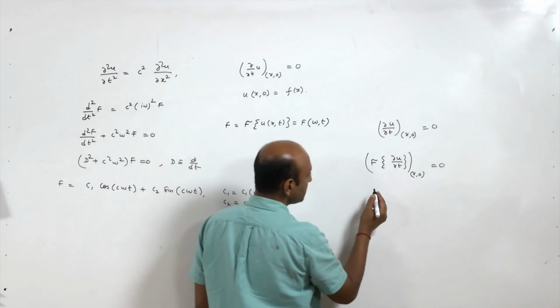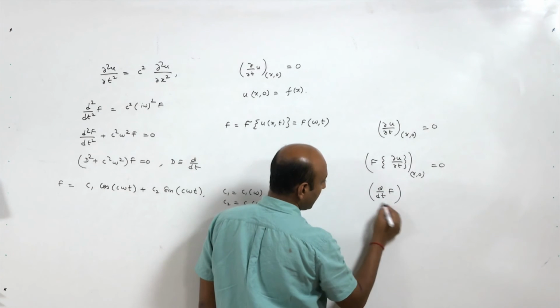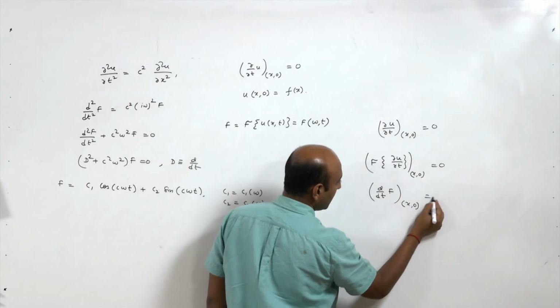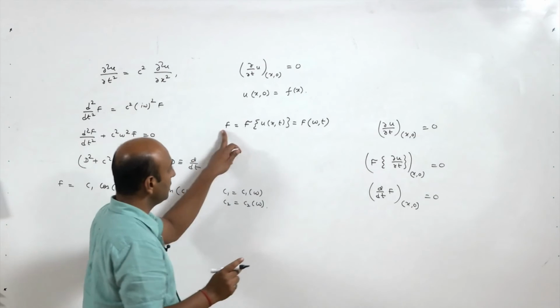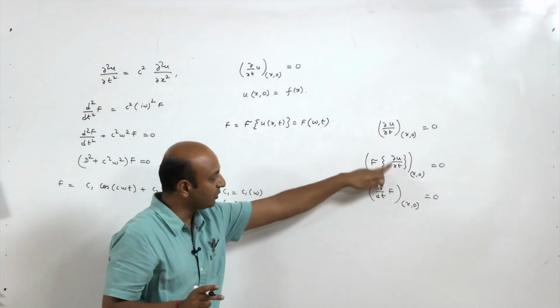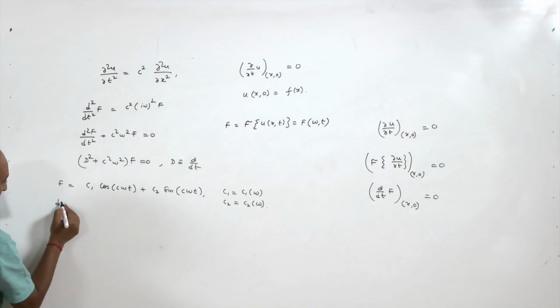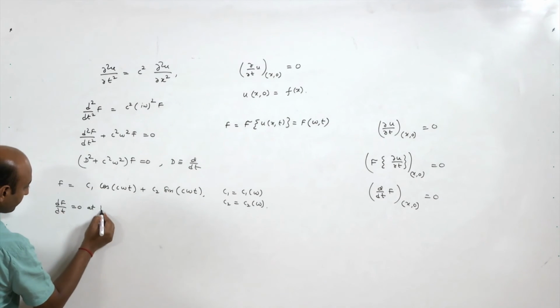That means dF/dt at (x, 0) is 0, and capital F is nothing but the Fourier transform of u(x, t). So dF/dt is 0 at t equal to 0.